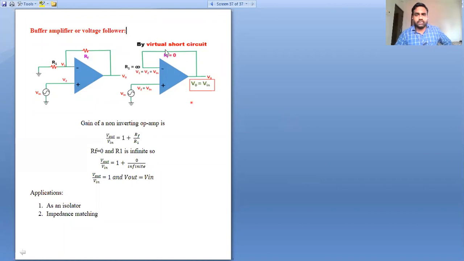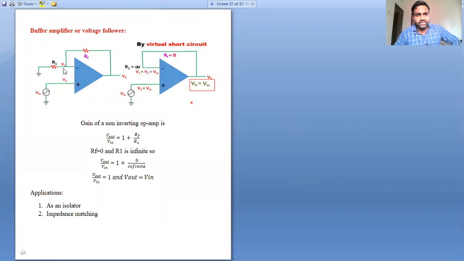Okay, this is called a virtual short circuit. See how we connect that. From the non-inverting terminal, there is no resistance here. V2 is the terminal voltage of the non-inverting terminal, and V2 is equal to V input. There is no input resistance here.